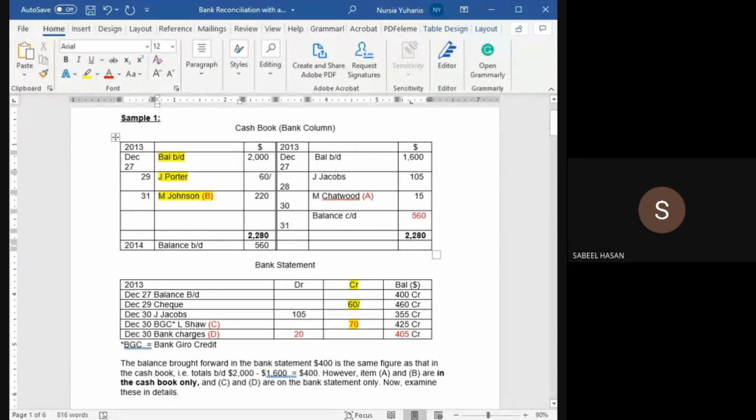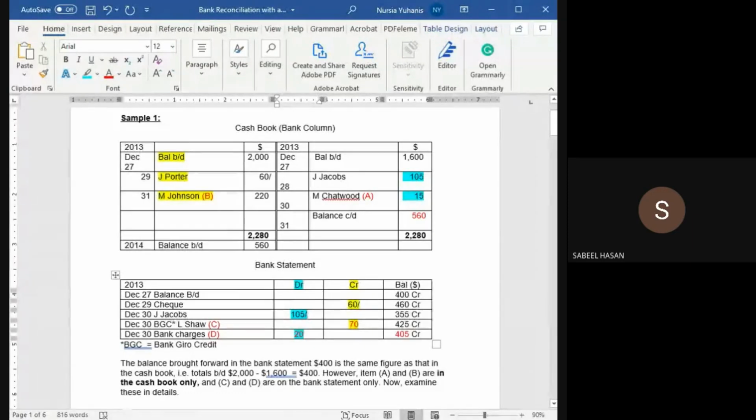Now let's compare with the credit side of your cash book, which is this one. So basically only two. This one I will highlight in a different color. On the credit side of your cash book, you have a cheque of 105. On your bank statement you also have the cheque, so I tick there.